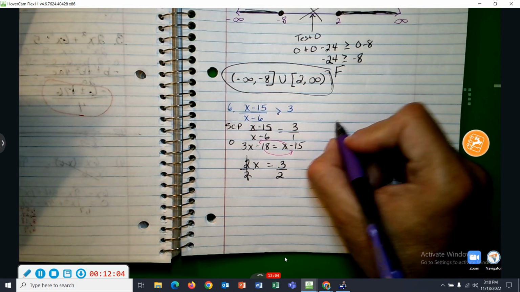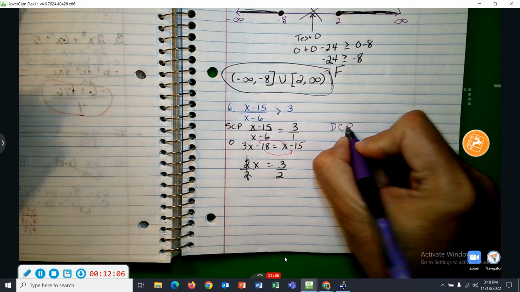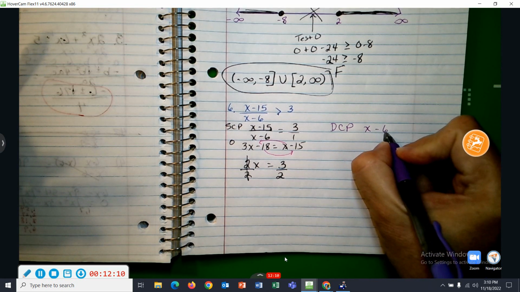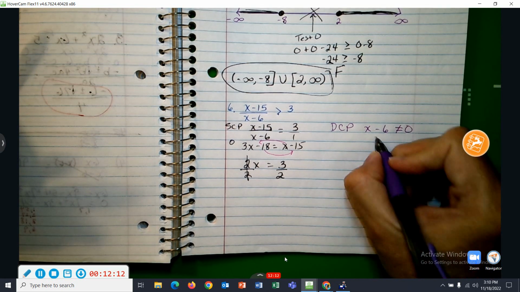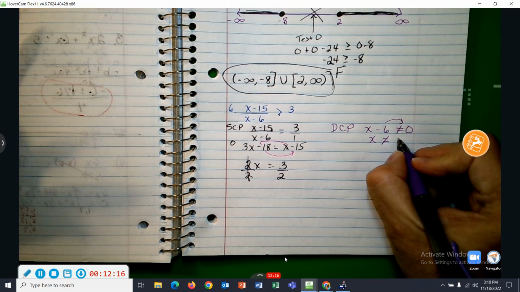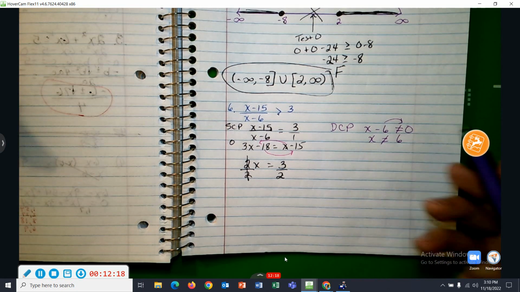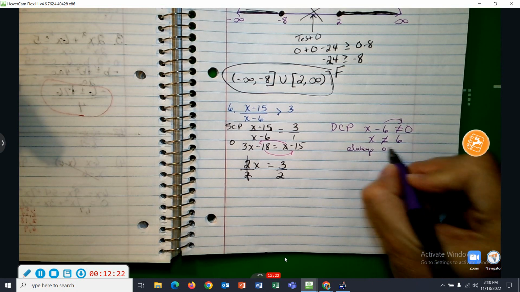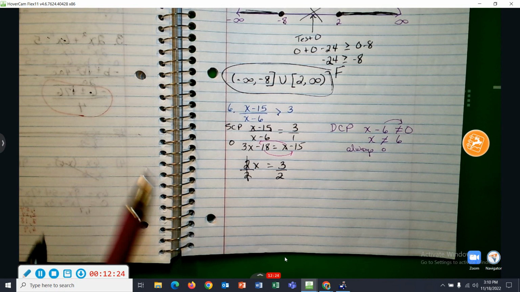Now our denominator cut point. The denominator of a fraction can never be 0, so x can't be 6. Denominator cut points are always open circles because you don't want to include those as solutions.